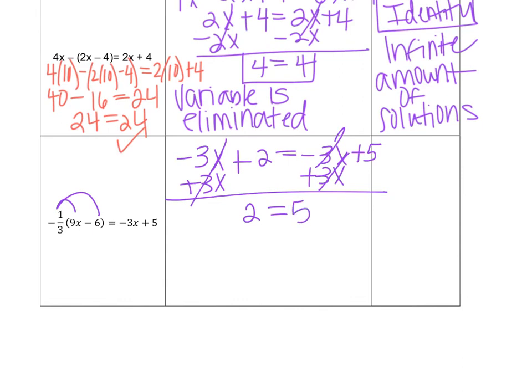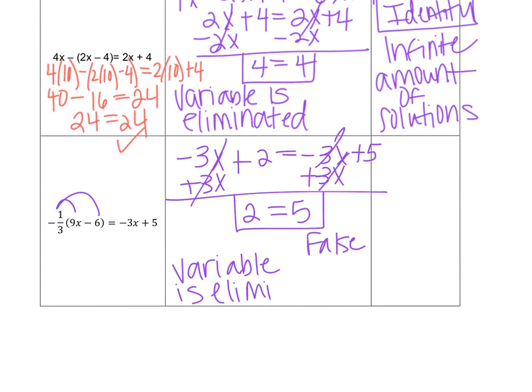So I'm just left with 2 equals 5, which is obviously not true. So this is a false answer. But my variable is also eliminated again. So whenever your variable is eliminated and you get a false answer, you would have what's called a no solution.